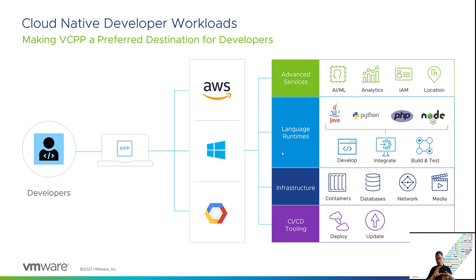Your customers will leverage runtime environments like Java, Python, PHP, and they will follow the DevOps process, to develop, integrate, build, and test very rapidly. Of course, you have to provide infrastructure: containers, databases, networks, media, and the tooling around. One of the big advantages of the VMware solution is that we offer solutions tailored to the personas.